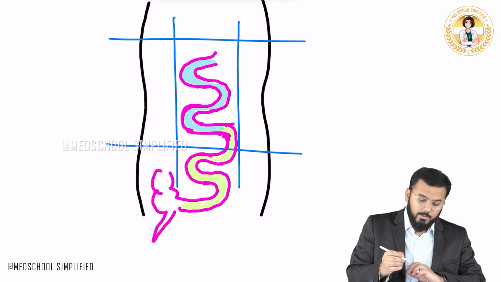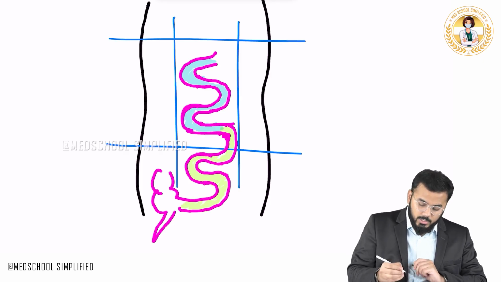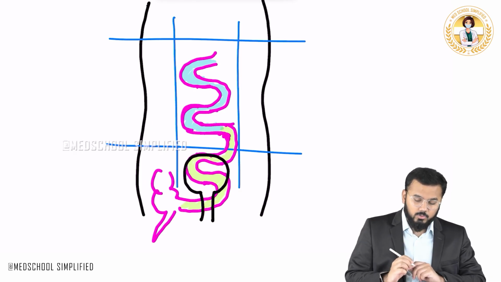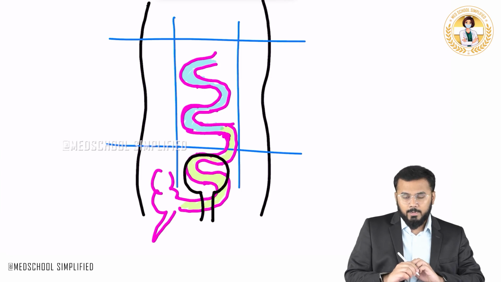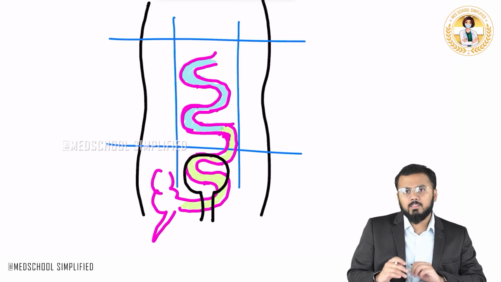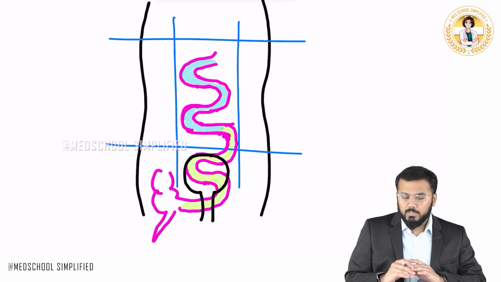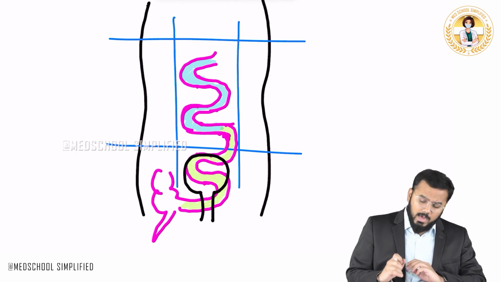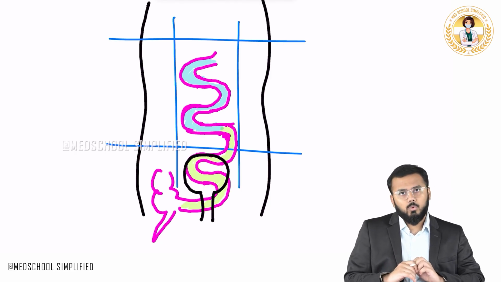Now apart from that, don't you think that you have got another important structure like this? What is this structure which I am adding here? This is your urinary bladder, right? Now in the females, what do you have in this place? You have got the urinary bladder obviously, but you also have got the uterus. Now normally, are the urinary bladder and uterus present in the hypogastric region?